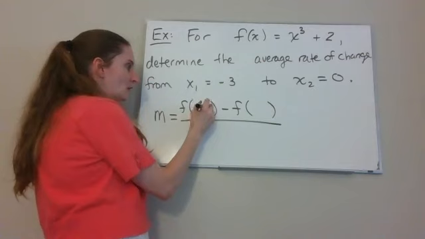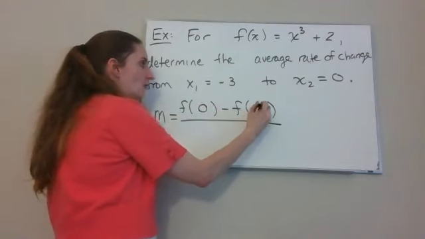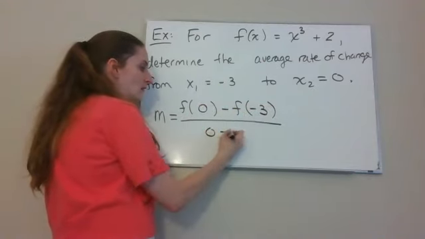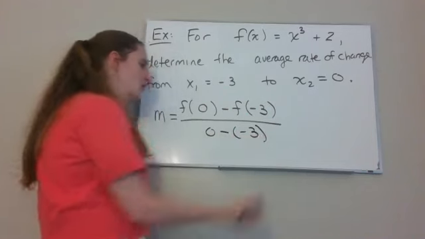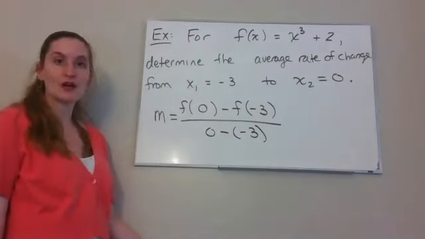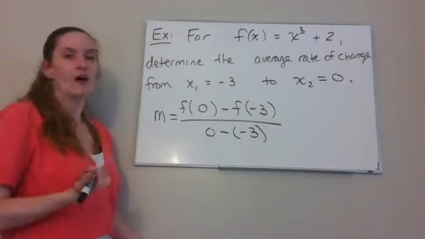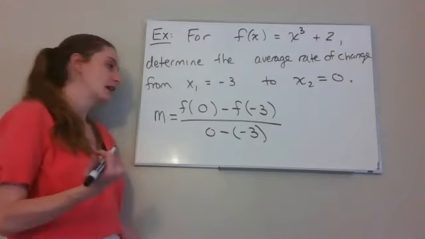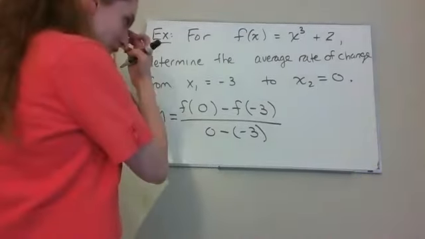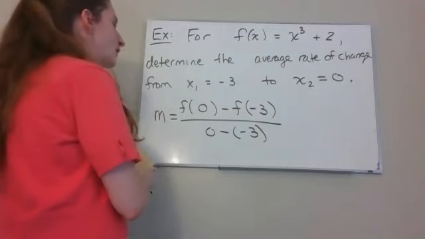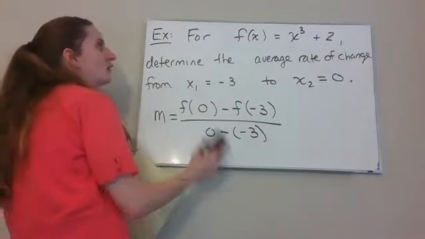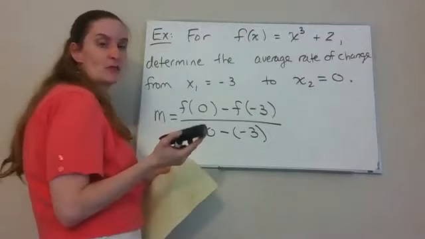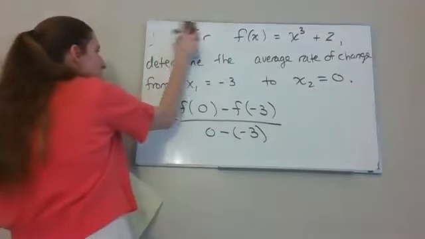So my x2 was 0, and my x1 is -3. Plugging it into my formula, I have f of 0 minus f of -3, all divided by 0 minus -3. To figure out what f of 0 and f of -3 are, we have to plug those values into our function, like we did when we first learned function notation.